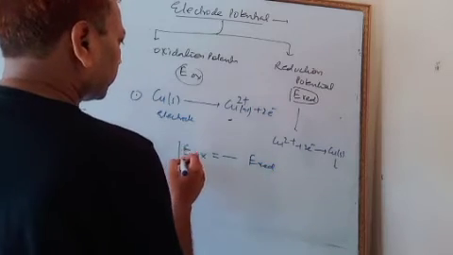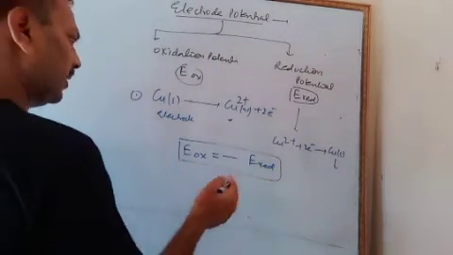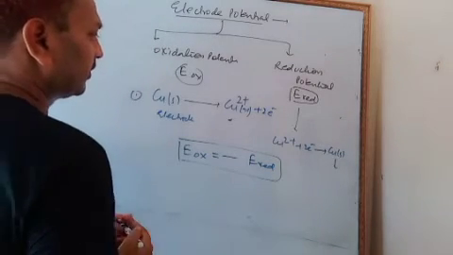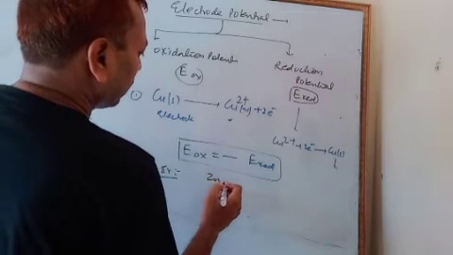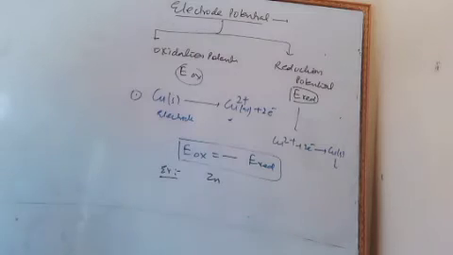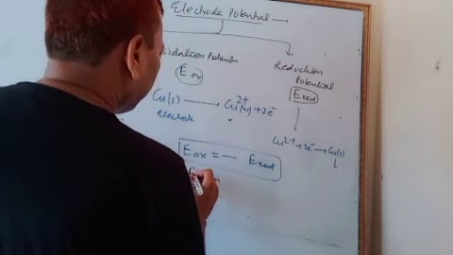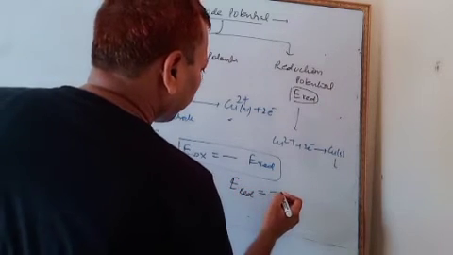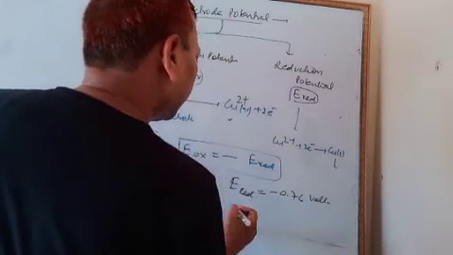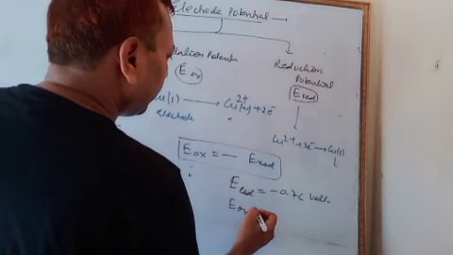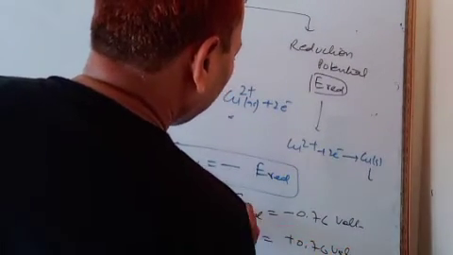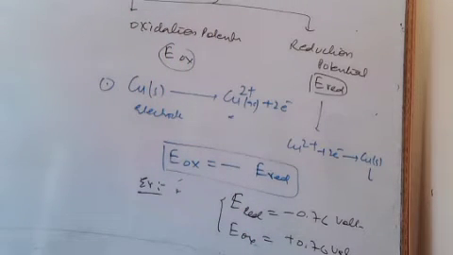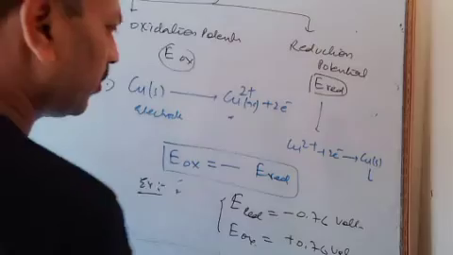Example: if the reduction potential of zinc is minus 0.76 volt, then the oxidation potential will be plus 0.76 volt. So this is the example.